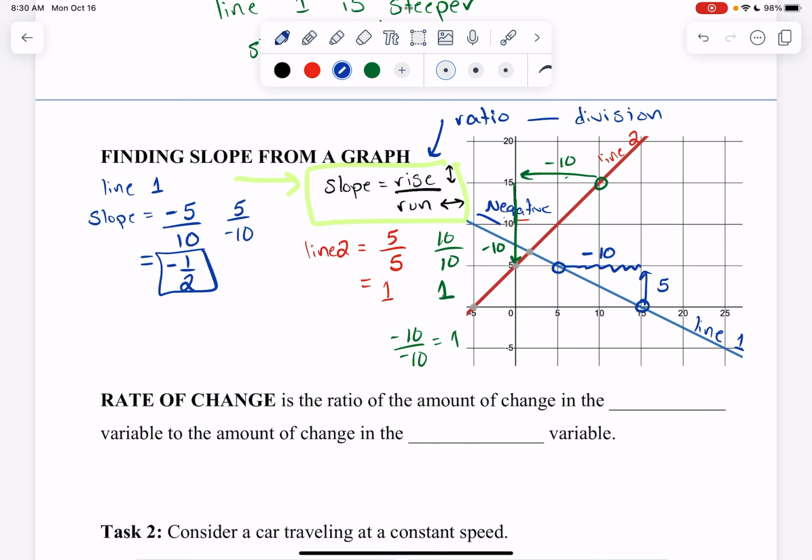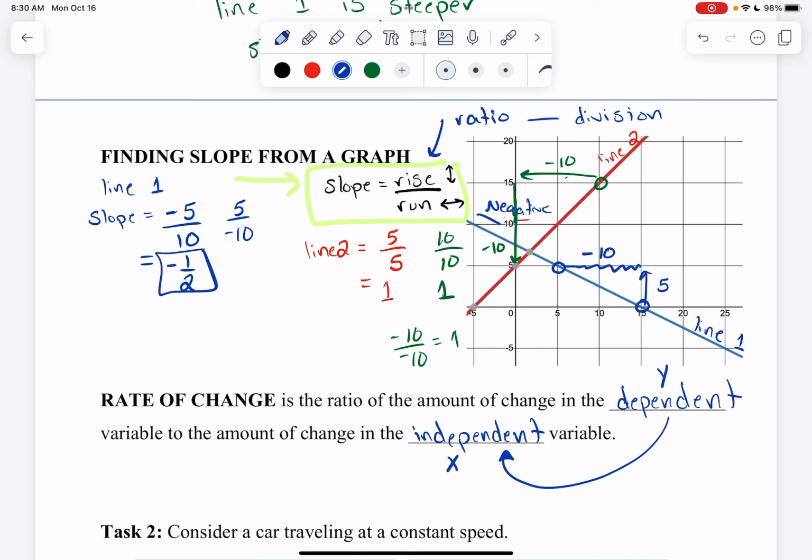So a rate of change is the ratio of the amount of change in the dependent variable to the amount of change in the independent. Now the dependent variable most of the time is our y, because it depends on what x is. A dependent depends on someone else, whereas the independent is our x.